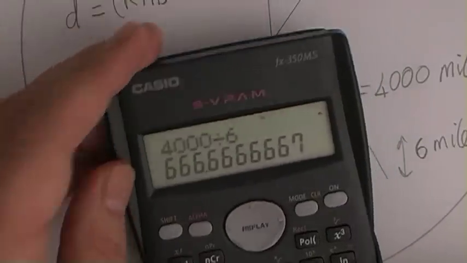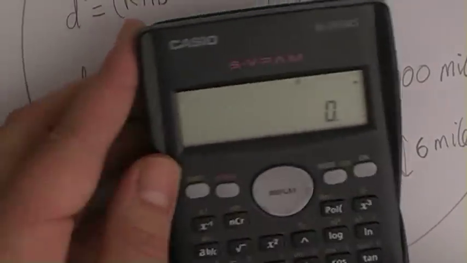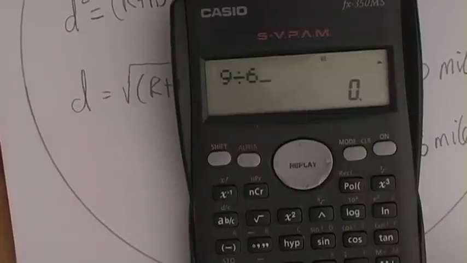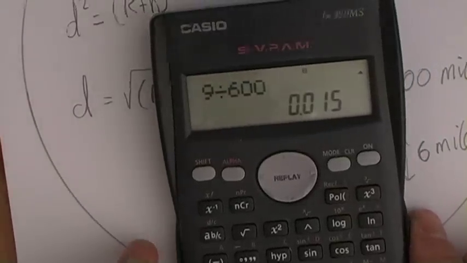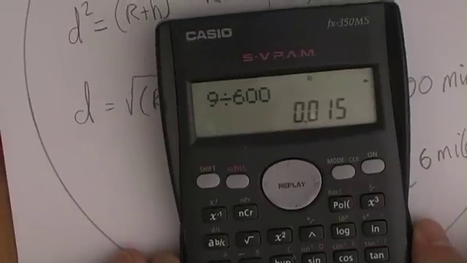Say it's about a 600th. So if I do 9 divided by 600, that gives me 0.015. That's 0.015 centimetres. That's how big Everest would be on this diagram.